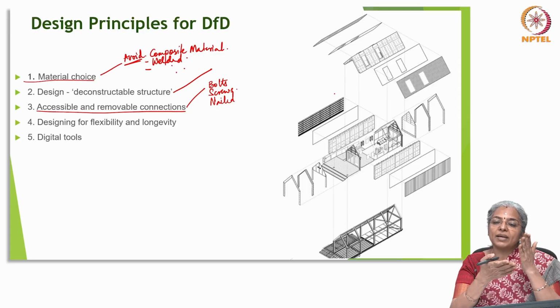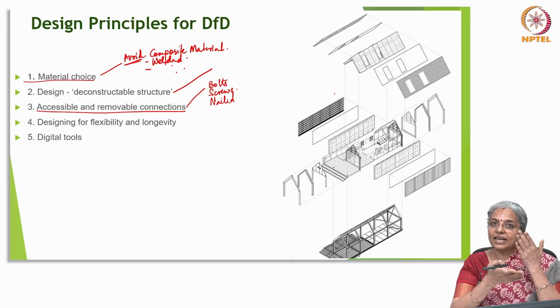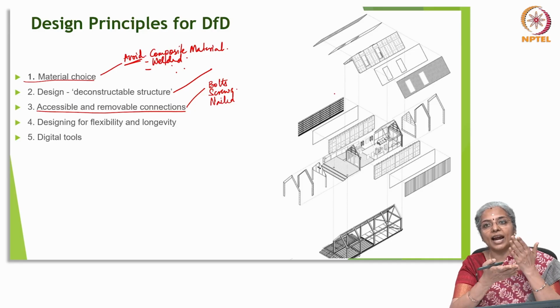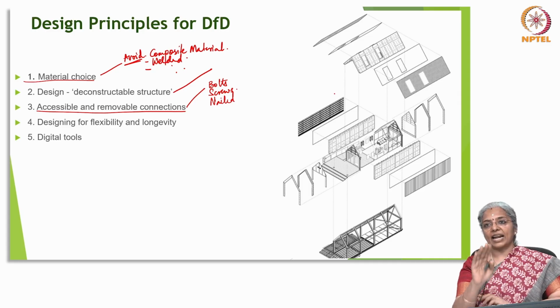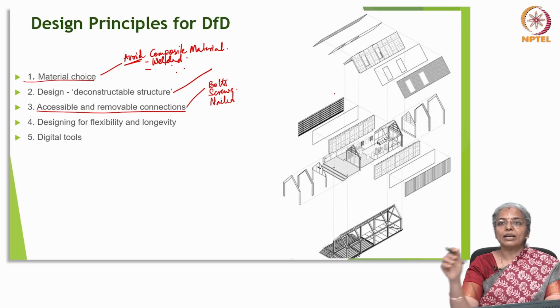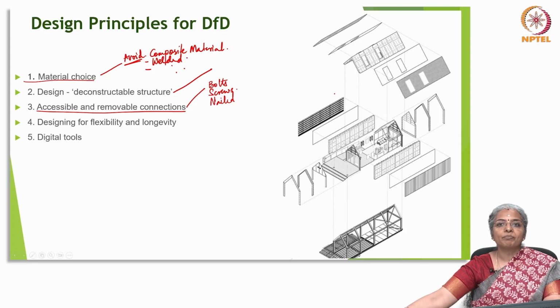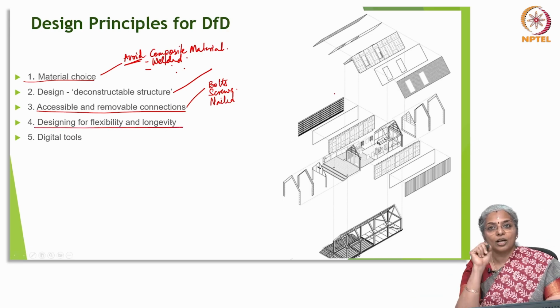Because of this, it will be easy for us to process the deconstruction and we can save on quantity and quality of material that we can reuse and recycle. And these connections should remain visible and accessible wherever possible so that we can remove them easily whenever we want to disassemble the building.